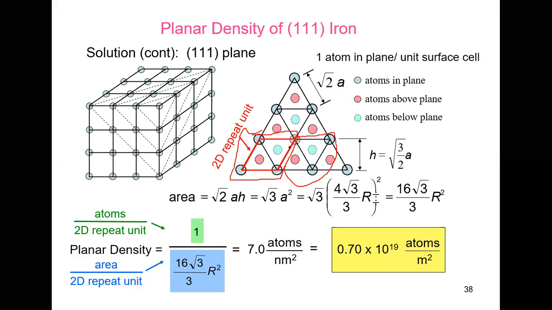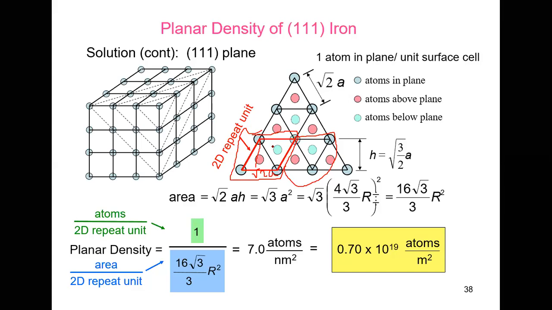It forms a parallelogram, and the area of a parallelogram is base multiplied by height. This base is √2a because it is the diagonal. Both sides are a, so using Pythagoras, the diagonal will be √2a.